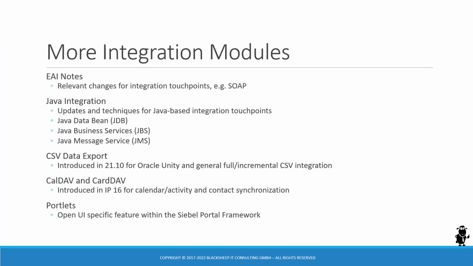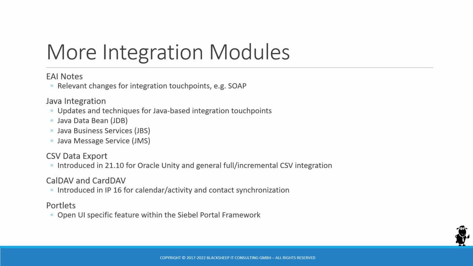Several other modules augment the learning experience for Siebel integration practitioners. So one module is about all notable changes for integration touchpoints that occurred in IP17 and later, for example, for SOAP interfaces. So that's the EAI notes chapter.